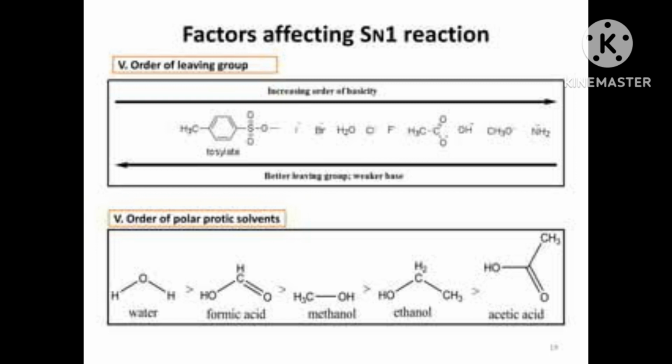Now in case of SN2, what will happen? The sequence is the same as what I told you for SN1, but it will be the reverse case.